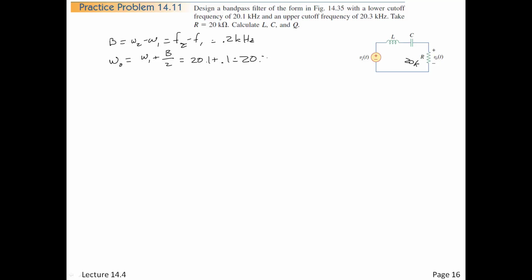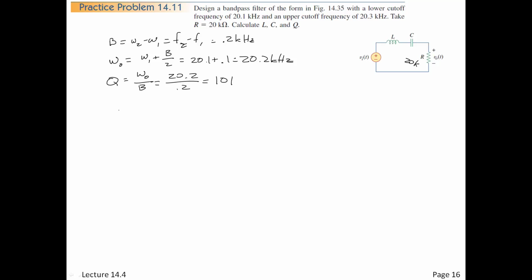So 20.2 kilohertz will be the center frequency. And we can find the Q. Now, these formulas are passive stuff that we've done, so go back to series resonance. I think I listed all that earlier in this lecture. It's omega 0 over beta, the bandwidth, so that's 20.2 over 0.2. What does that look like? 101? All right, so we're part way there.